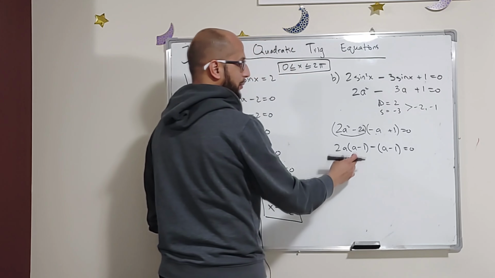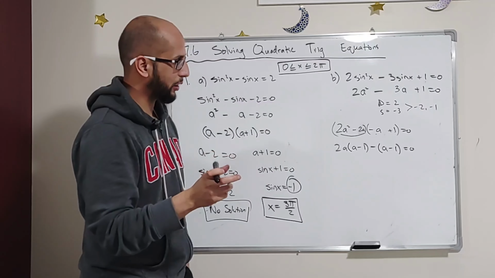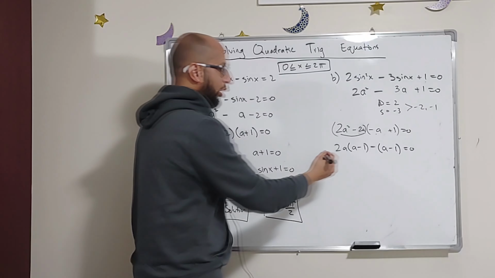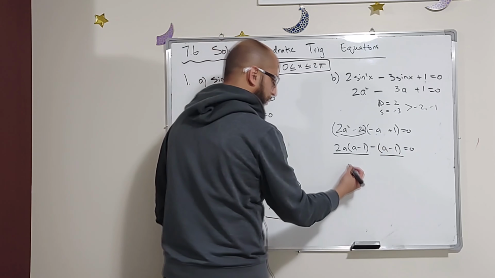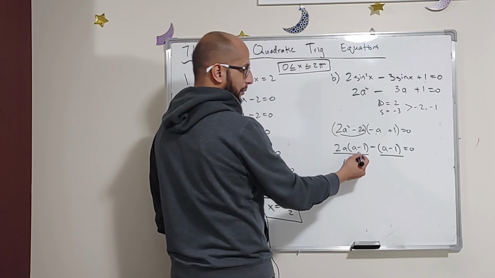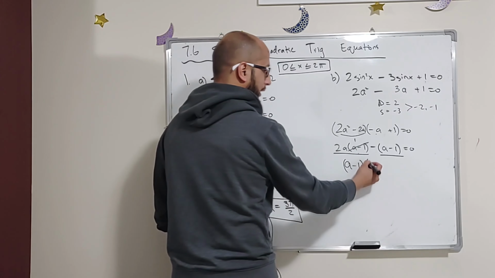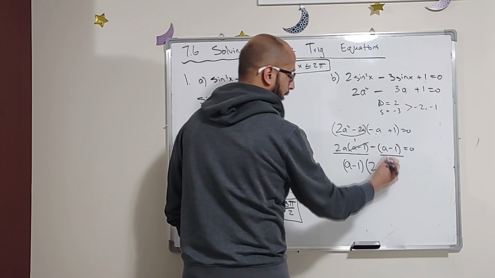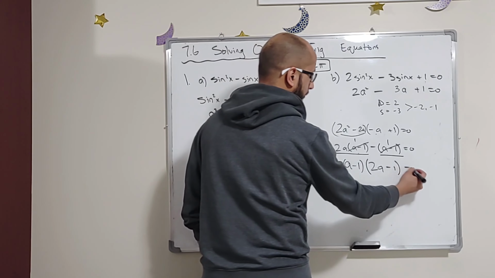We know we're on the right path because we have a minus 1 and a minus 1. It is the same bracket, the same expression in each of these two expressions. So I can factor out a minus 1. Once I factor out a minus 1 divided by a minus 1, that will just be 1. Inside the bracket, I'm left with 2a, and then a minus 1 divided by a minus 1 will also be 1, so I'm left with a minus 1.